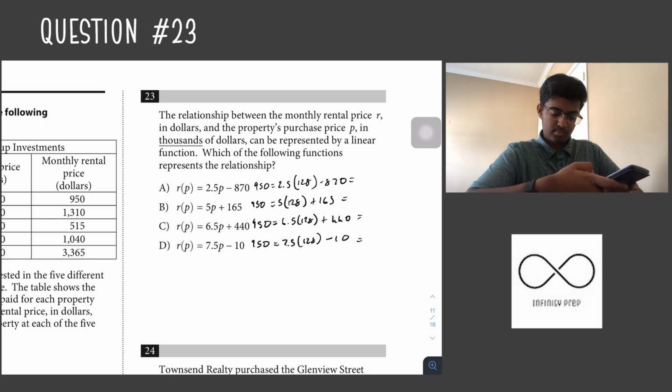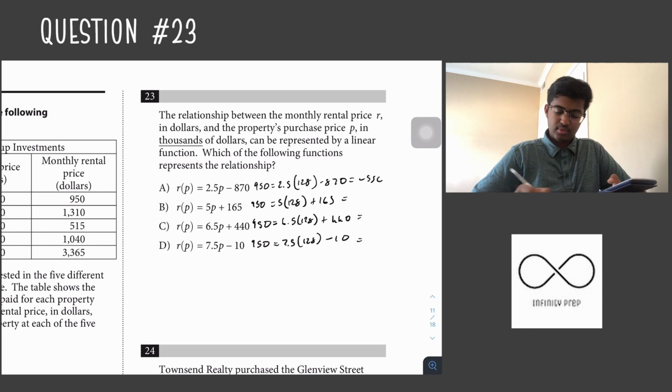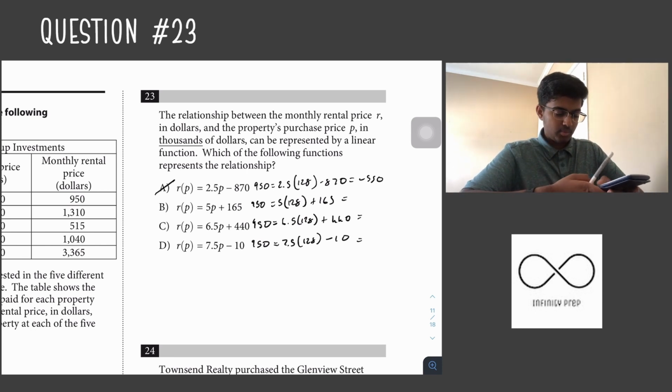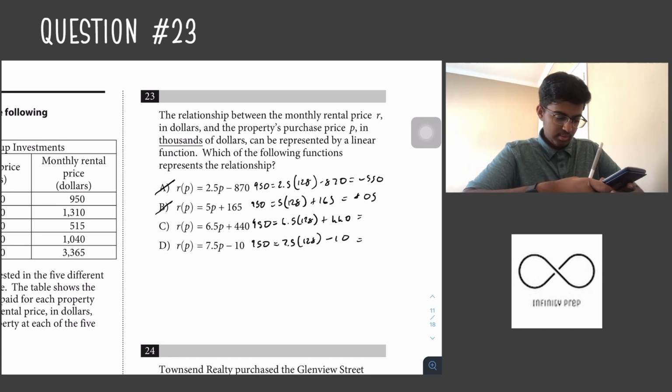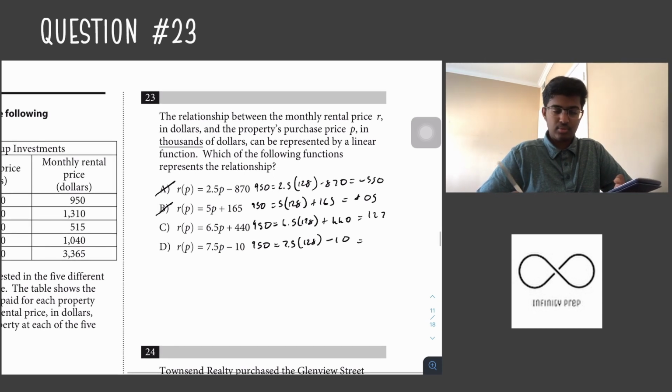0.5 times 128 minus 870, that's negative $550, which does not equal 950, so answer choice A is wrong. 5 times 128 plus 165, that's 805, that's still not equal to 950, so answer choice B is wrong. 6.5 times 128 plus 440 is 1,272, which is not equal to 950, so this is also wrong.